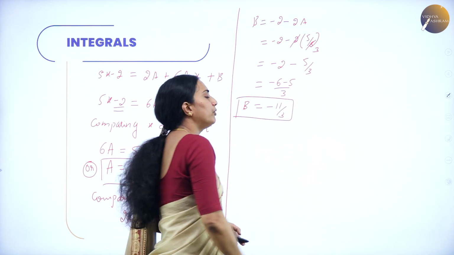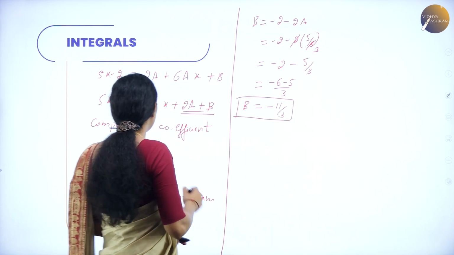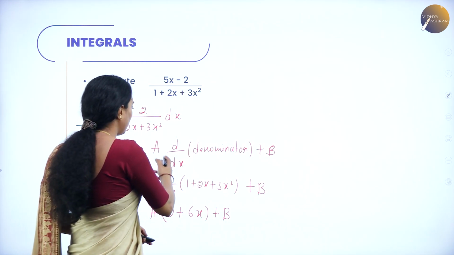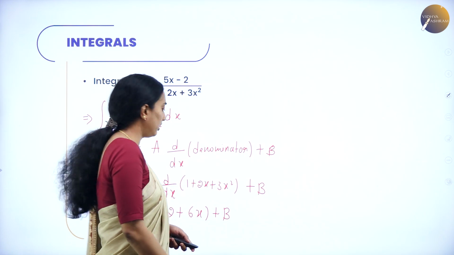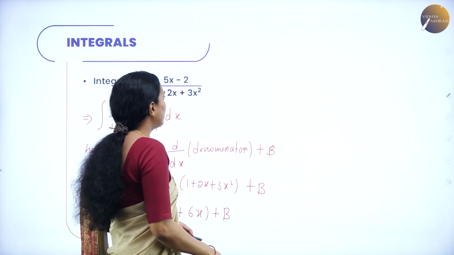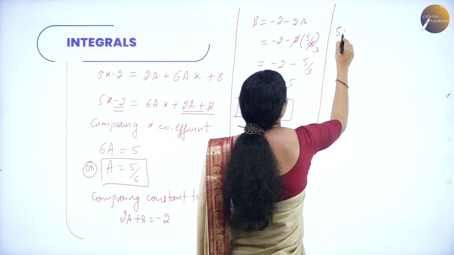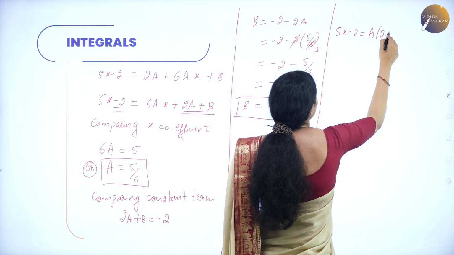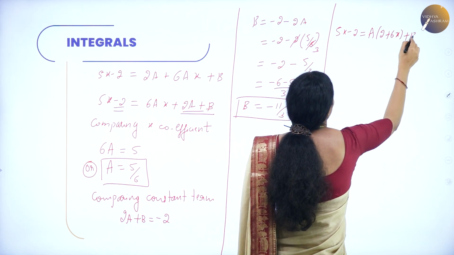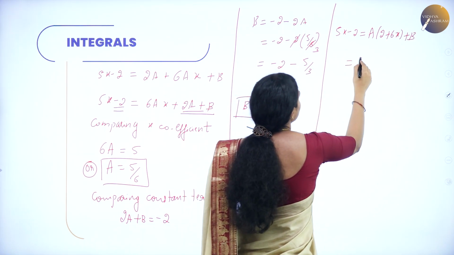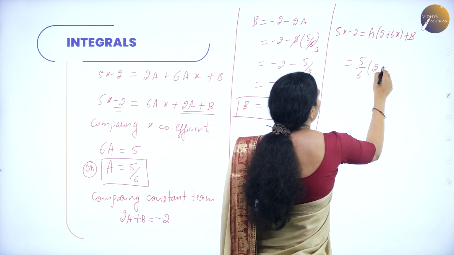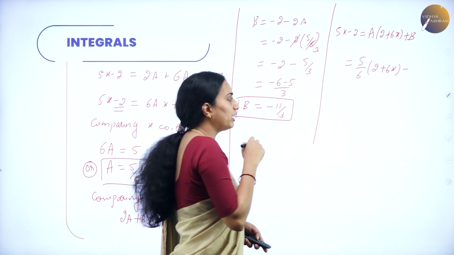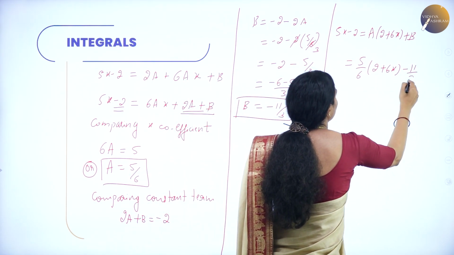Now substitute the b value as minus 11 by 3 and the a value as 5 by 6. So what have we written? We have written a into d by dx of the denominator. Here we are going to substitute. Therefore we have 5x minus 2 equals a into 2 plus 6x plus b. Substituting a as 5 by 6 into 2 plus 6x, plus the b value, negative of 11 by 3. Plus into minus becomes minus.